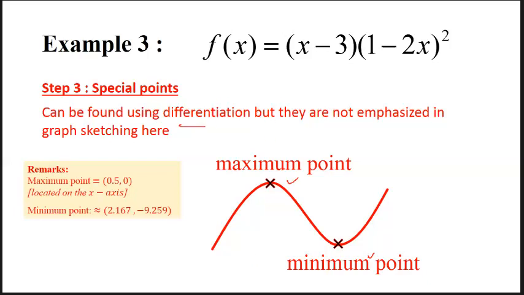Next, we go on with the calculation for the x and y intercepts. In this case, once again, since we notice that it can be completely factorized, for sure it will have an x-intercept, and so does the y-intercept.